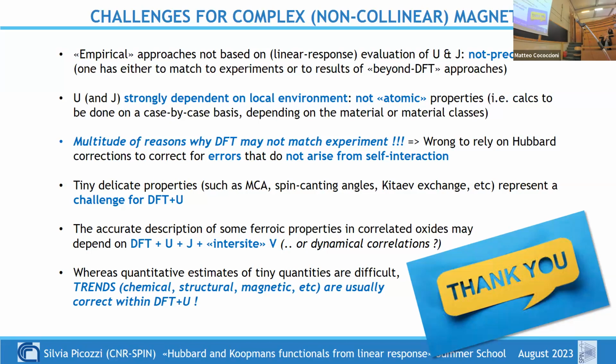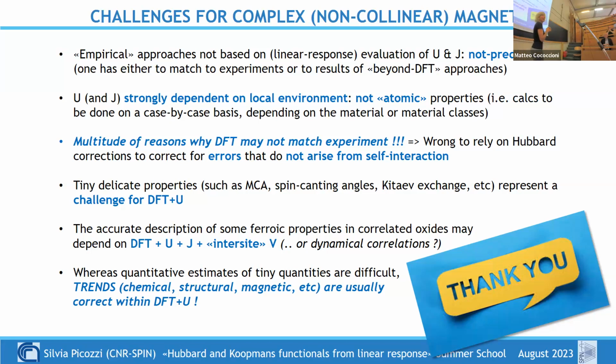When you are fitting your J parameters in your Hamiltonians, what you have to do in DFT is to probe different magnetic states, right? As you're calculating different magnetic states, you're changing the occupation matrix, essentially. So what would happen if you wanted to be consistent and calculate everything through linear response?